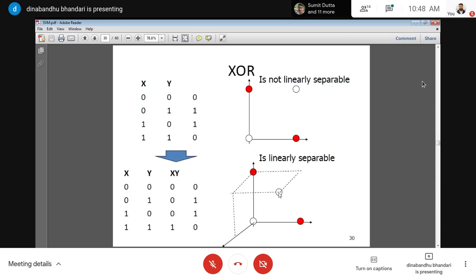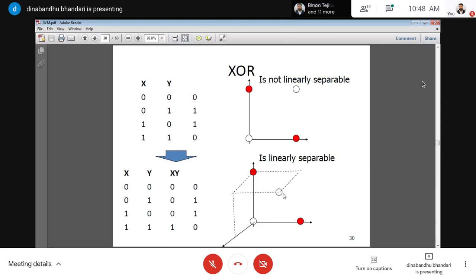So now you can always draw a plane separating these 2 points on one side from these 2 points on the other side. You can think of this point as a corner of a floor. This is one corner, this is another corner in the same floor, and this was the third corner, the opposite corner of the origin.